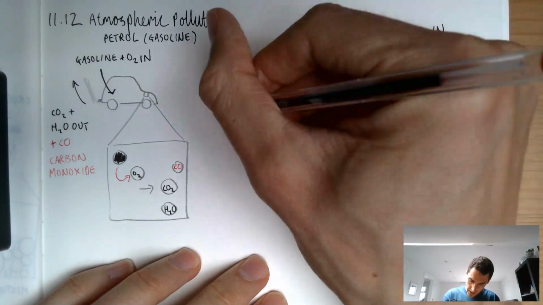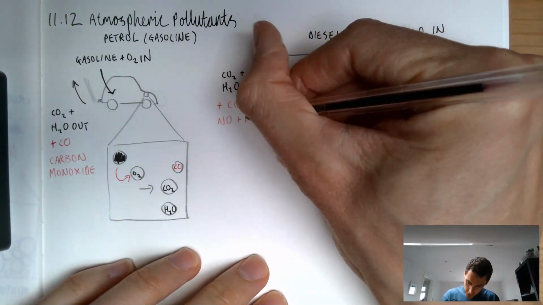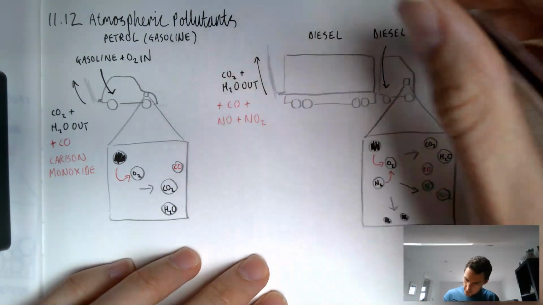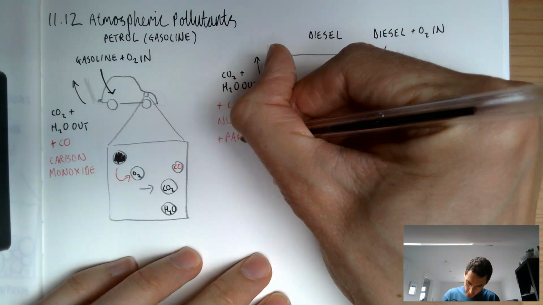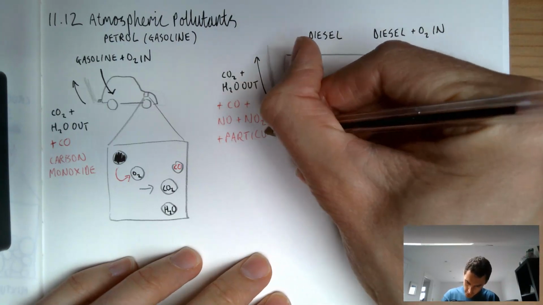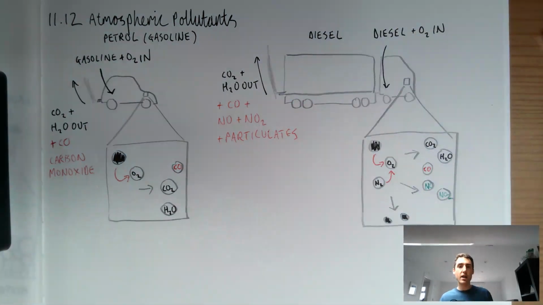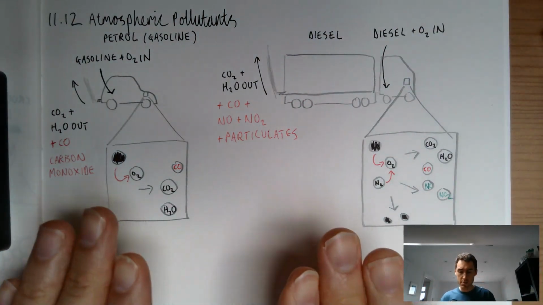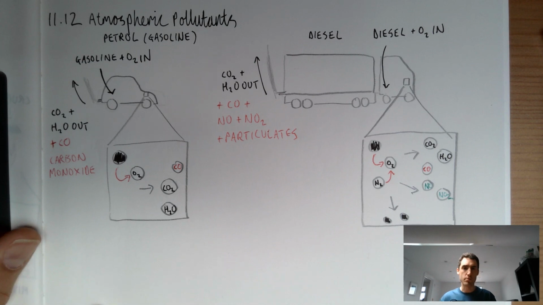Again, we're also getting the oxides of nitrogen, NO plus NO2, and we're also getting the particulates, which I'll write here like this, which can cause those problems that we've been talking about. So that's one really nice context and something very concrete that you can show to students to illustrate that point about the different things coming out, especially from diesel engines.